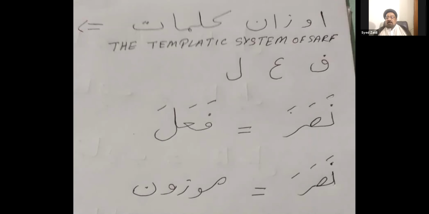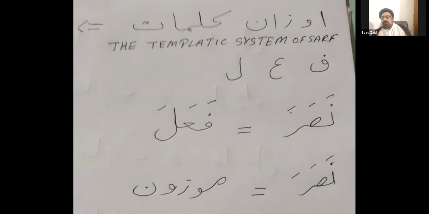So nasara is mawzoon, and fa'ala is the wazn. Now there is a reason why we have chosen the word fa'ala, from the word fa'al. Fa'al itself means action.